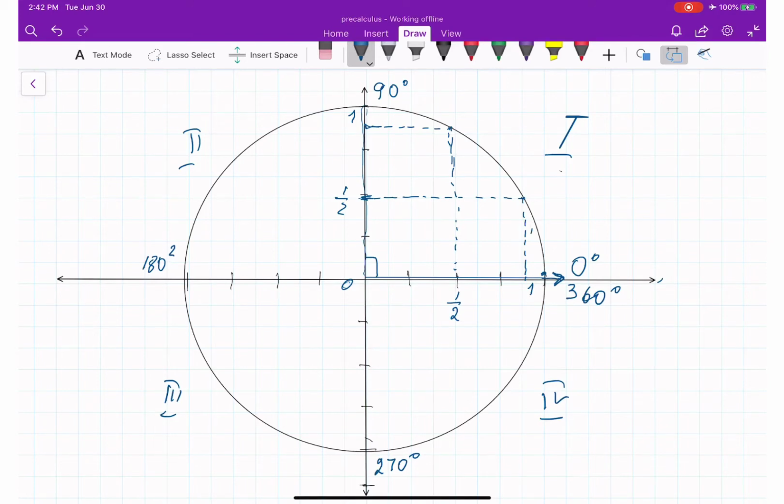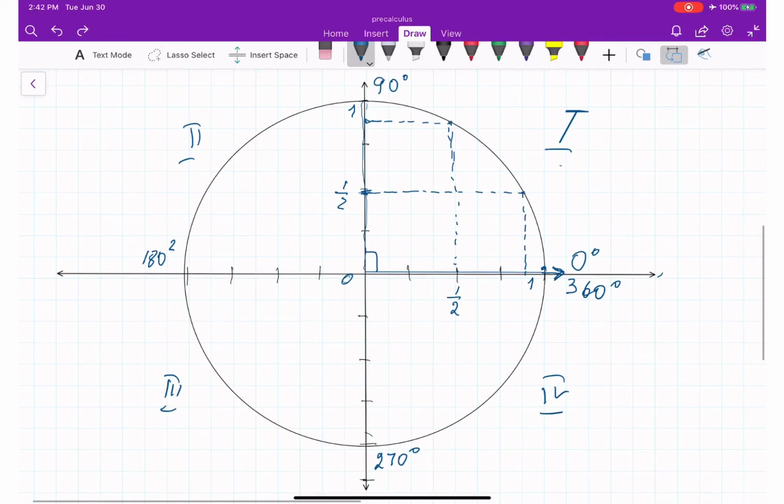Let me write down here 1, 2, 3, 3 arcs, with these points dividing them. Let me clean it because I don't want it to look messy. All right, so if it's divided into 3 arcs, and because our circle is symmetric, here we are going to have 30 degrees. Here we are going to have 60 degrees, right?